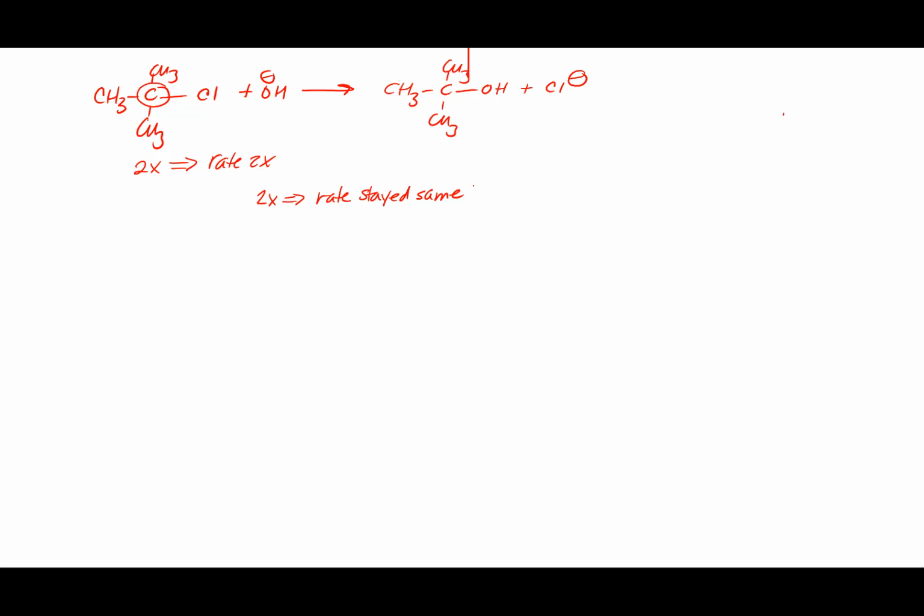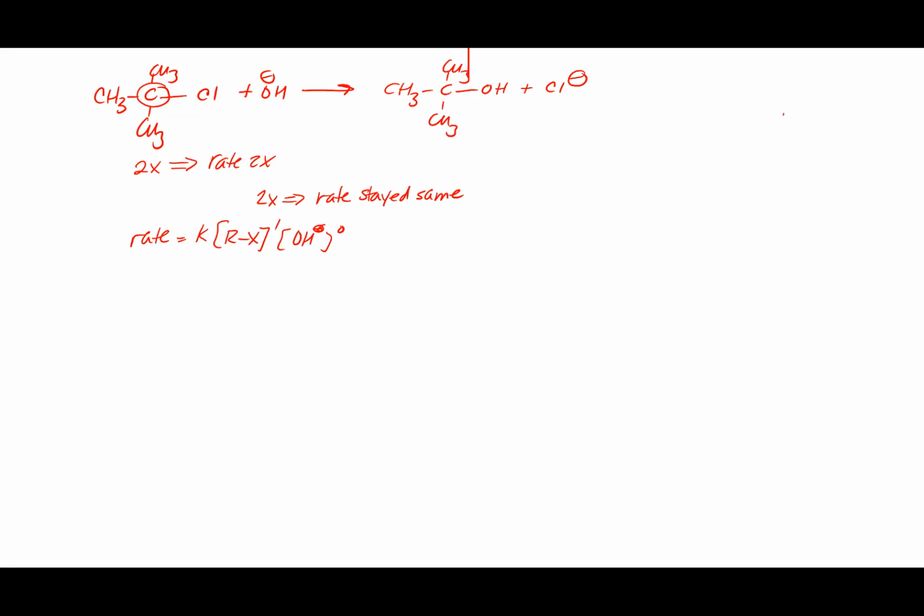So in this case, we have to propose a new mechanism because the alkyl halide reacting with the hydroxide in one step, that's a bimolecular reaction. This one, the rate equals k times the concentration of the alkyl halide to the first power times the concentration of the hydroxide to the zero power.